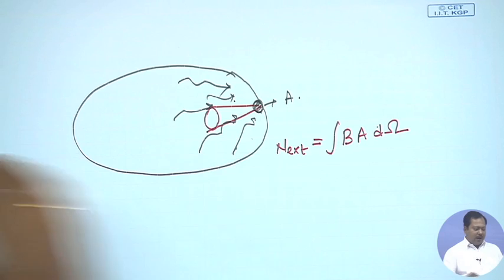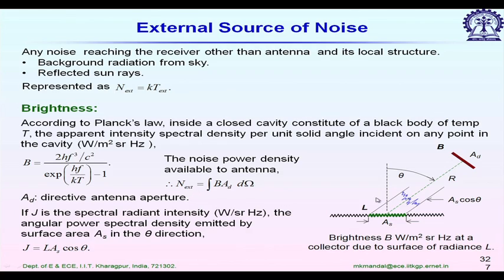So let's go back here. We are representing an earth surface, and considering the radiation coming from an area AS. This radiation is in an arbitrary direction, and some part will impinge on the antenna. The antenna area is given by AD, and this antenna makes an angle theta with the zenith of this earth surface AS.